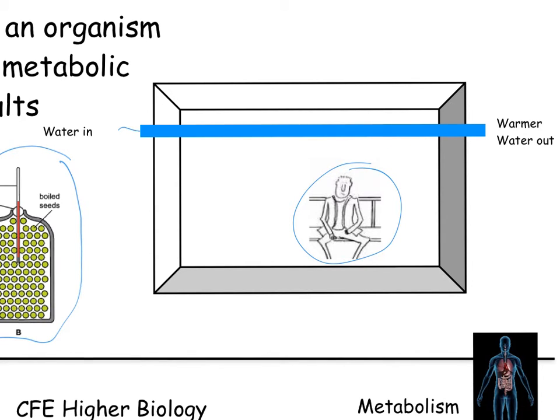So as you put the water in here, cool, and it travels along here, the warmth from the heat given out by the individual will warm up the water, and out here with the warmer water coming out, the temperature difference is calculated and a metabolic rate can be calculated.